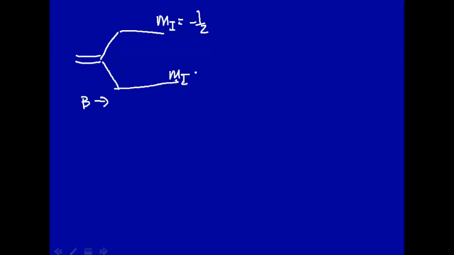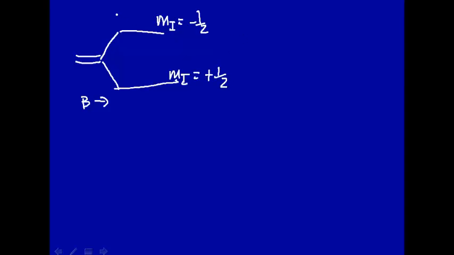Remember when we said that if we have these two energy levels, and one goes to a higher energy level and one goes to a lower energy level when we turn on a magnetic field, and we label this one as m sub I equals minus 1/2, and this is m sub I equals plus 1/2.